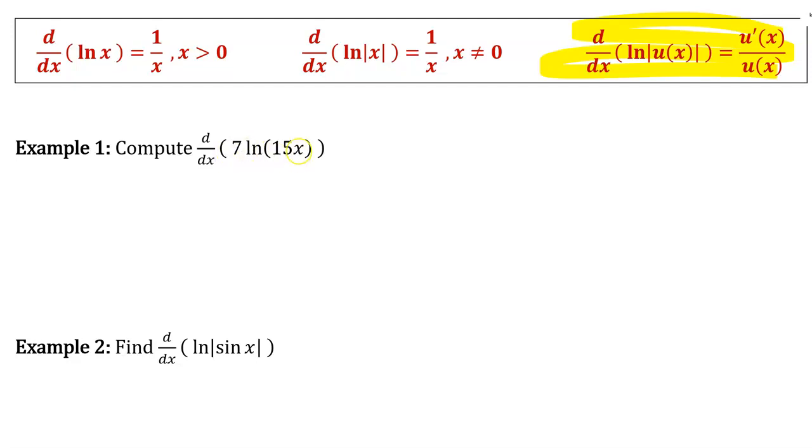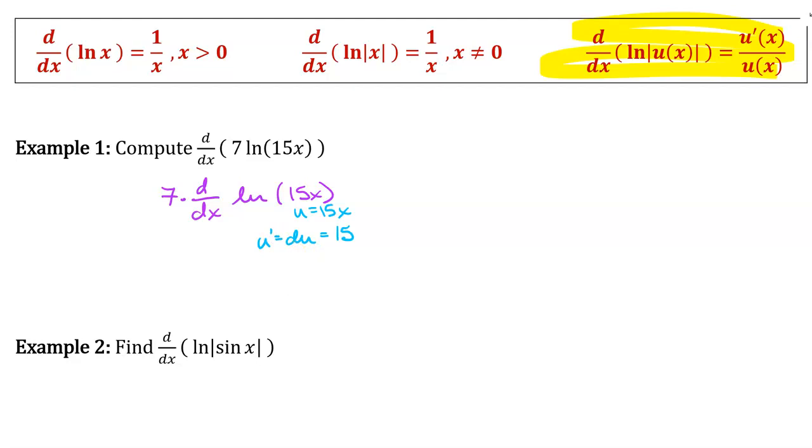So d dx of 7 ln 15x, well, that 7 can come out front of ln of 15x, but then we have the chain rule. So u would be 15x, and then du would be 15, also known as u prime.